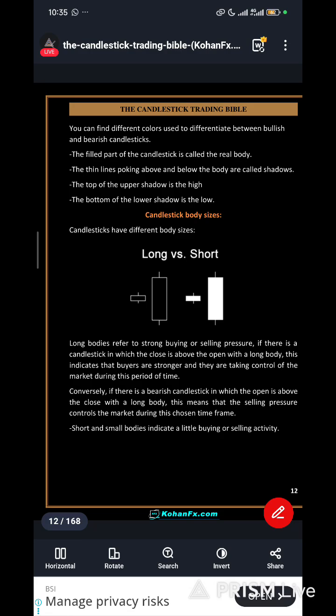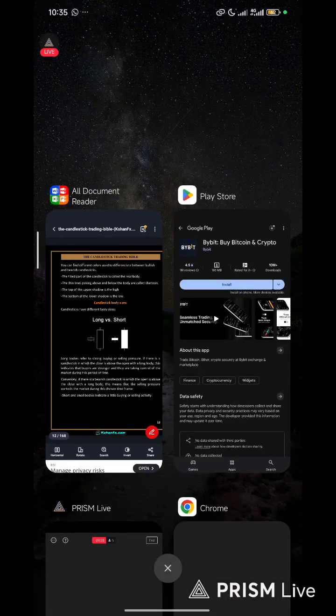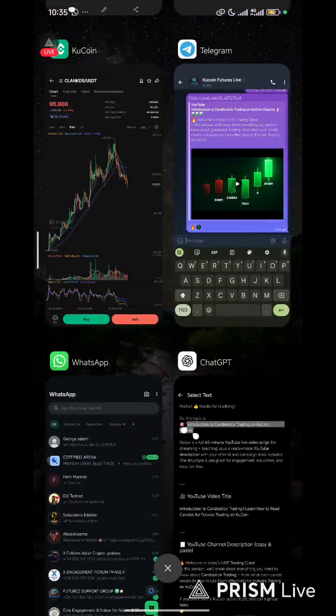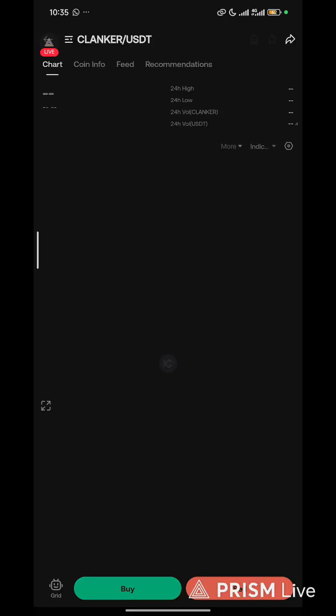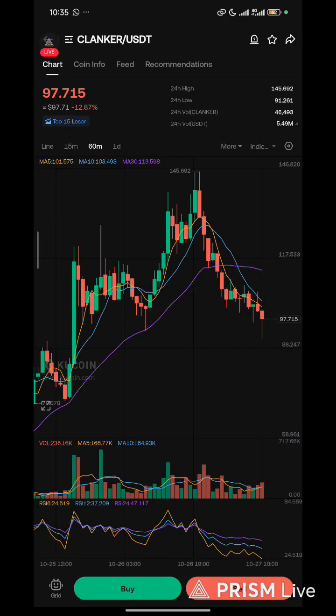Candlesticks have different body sizes. We have the long versus short. Long bodies refer to strong buying or selling pressure. For example, if you check a chart, if you log in to your KuCoin, it means momentum, buying momentum or selling momentum. And any candlestick that is short does not show much pressure.